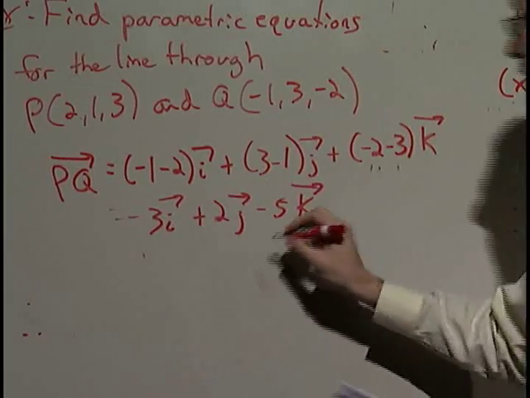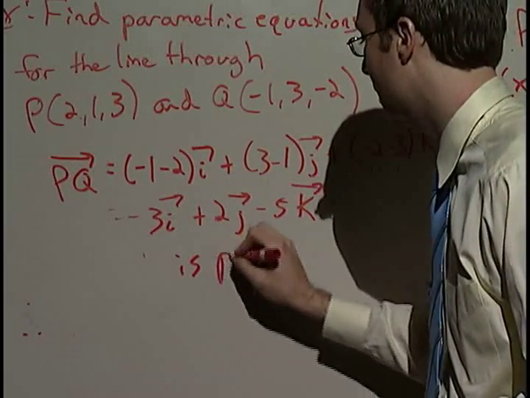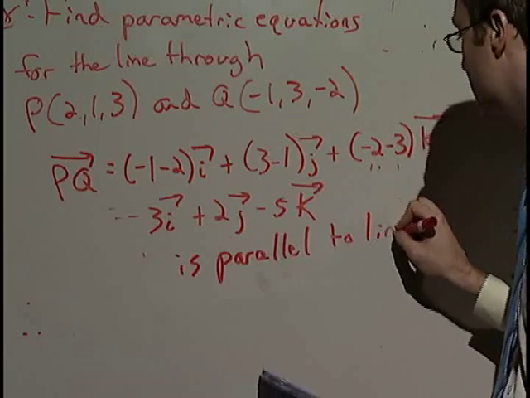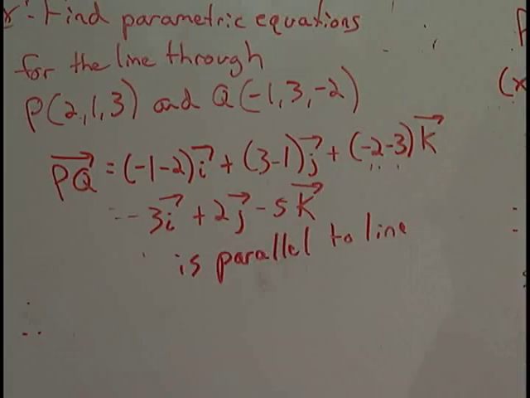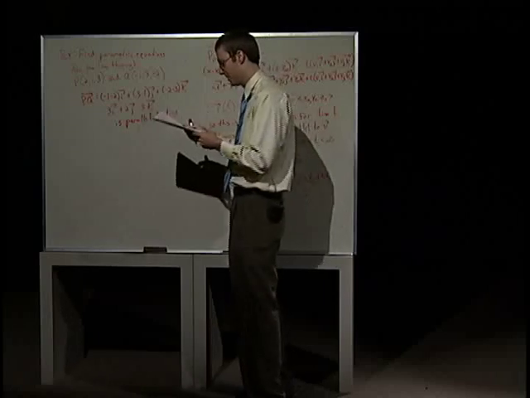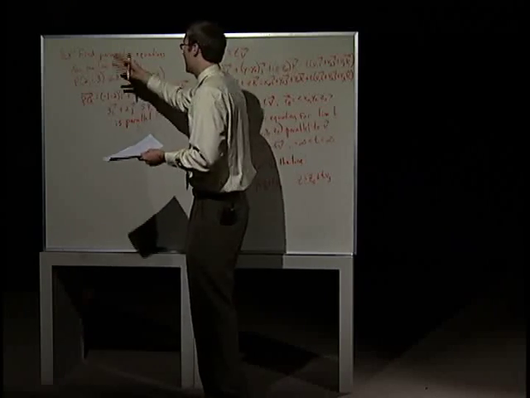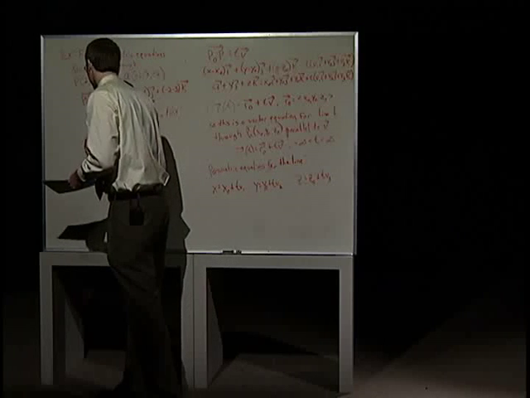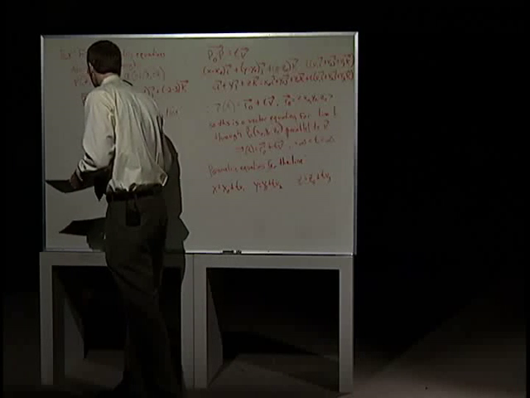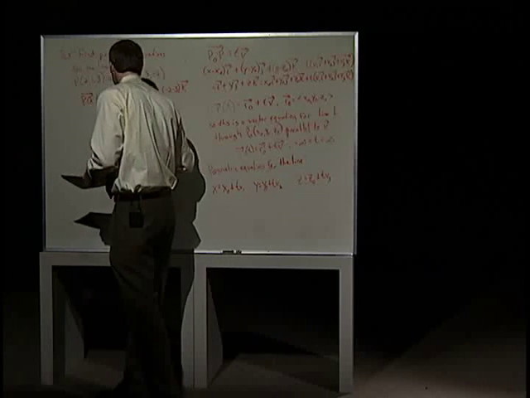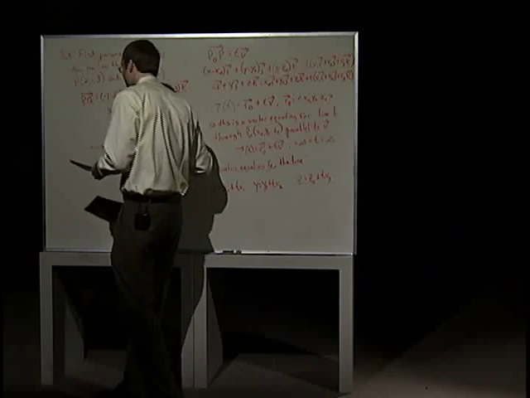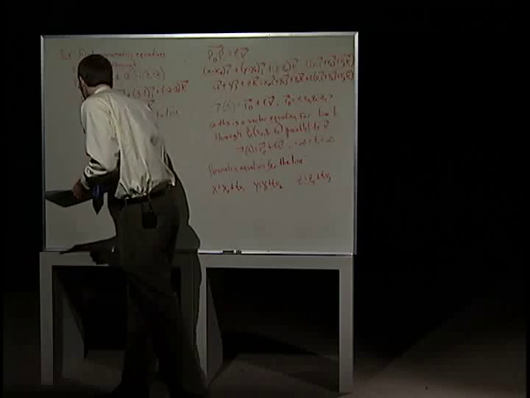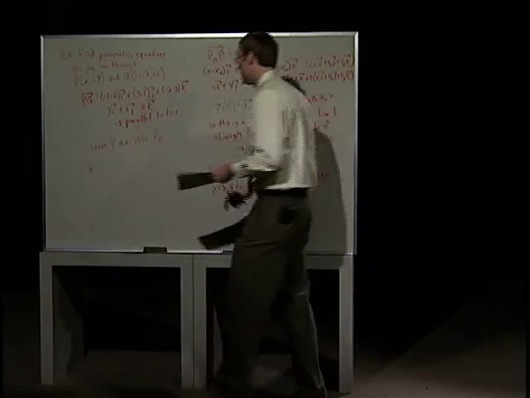So this is parallel to the line. And again, it's even more than parallel, really. It's part of the line, but it doesn't matter. Parallel vectors work regardless. Use either point as your P naught. You can use P, or if you like Q, you can use Q. So you can choose P as your P naught, but again, Q works just as well. No problem with that.